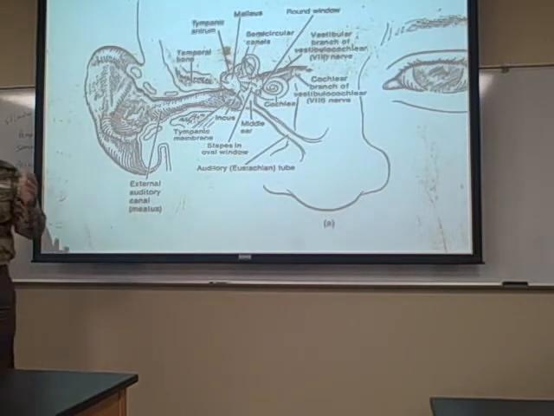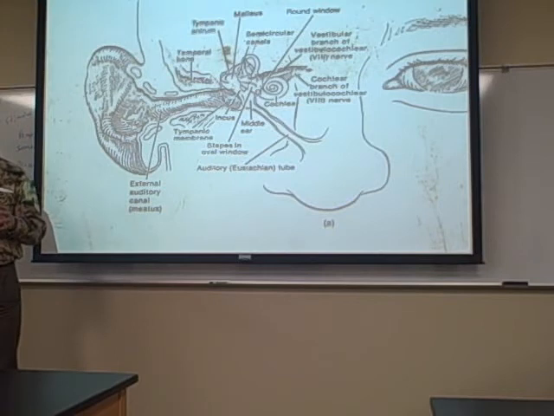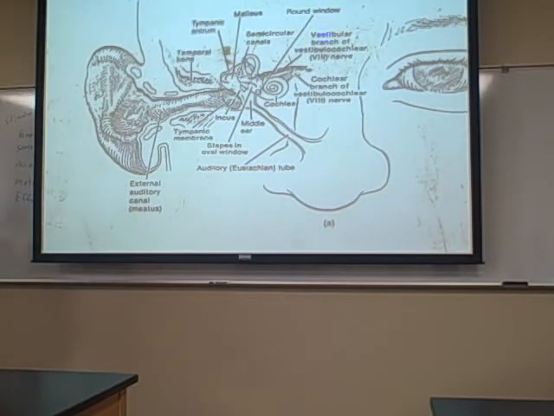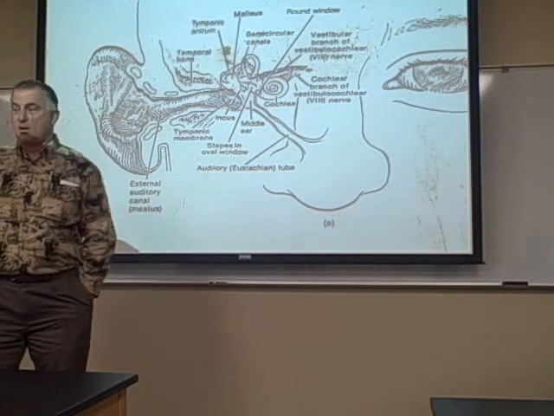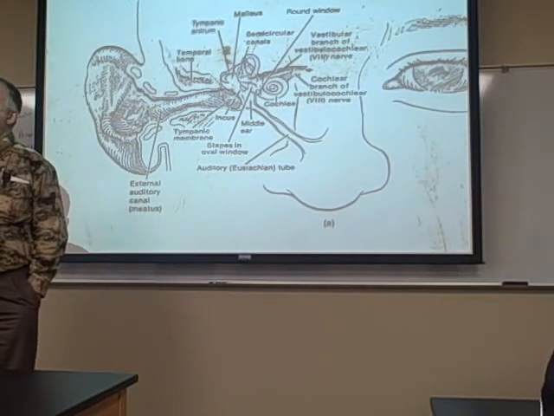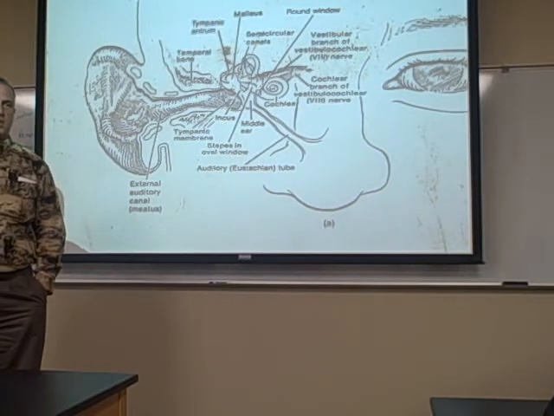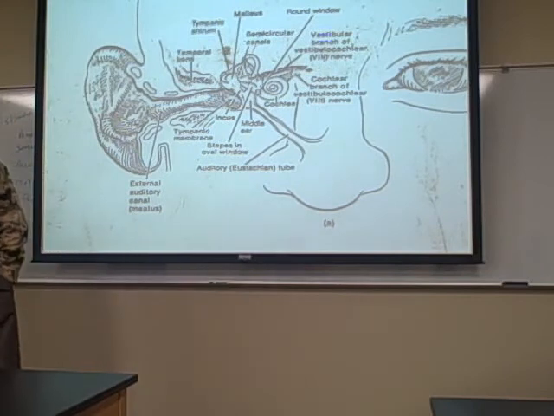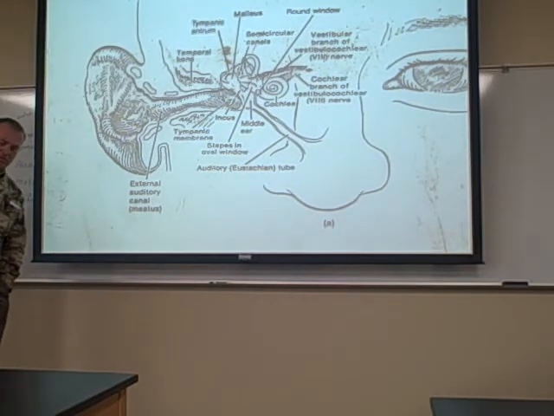The stapedius muscle pulls the stapes away from the oval window and prevents ossicle amplification. So now, if it's coming in already high and we prevent amplification, it still may be so high that it causes some hearing damage. But it's not going to be because your ear is amplifying it more. Now, something real fast, like a gunshot, it cannot respond that fast, so it's not going to help.